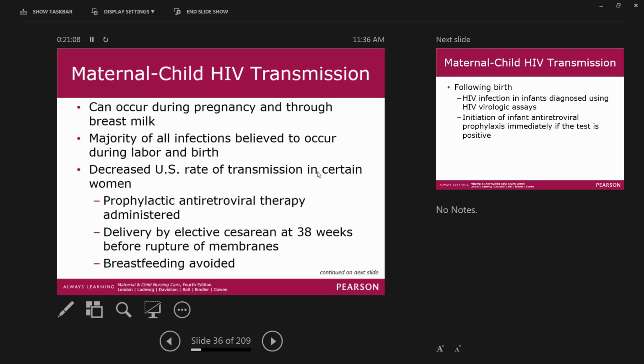I thought we learned somewhere that if you were taking drugs, you could breastfeed, and there was like a 0.1% chance. So when they do the testing, if the woman's been on antivirals and her levels are low, like below, I can't remember what it was, 1,000 or something like that, then she can be safe.